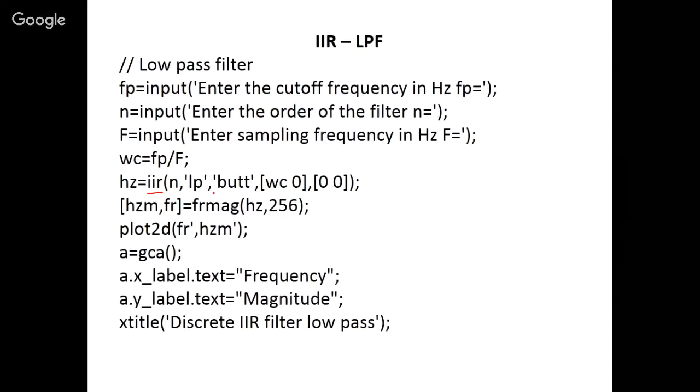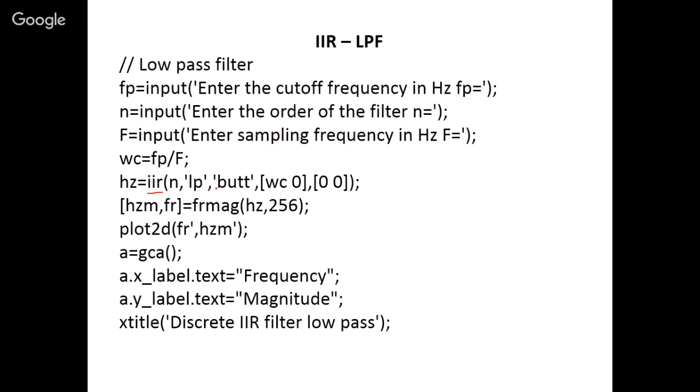And all the IIR filters can be designed with the help of analog filters. Now there are 4 analog filters generally available in signal processing. One is the Butterworth filter, second is the Chebyshev 1 filter, third is the Chebyshev 2 filter, and the 4th one is the elliptic filter.